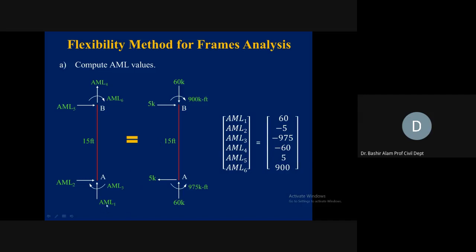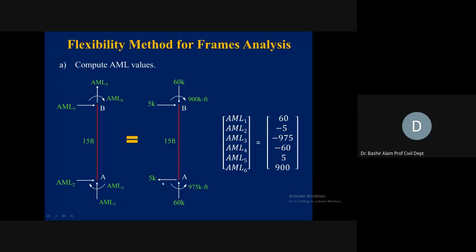Now here if you see AML1 again corresponding to the AM1 value, this is to the AM2, this is to the AM3, our positive directions. Now you match this to this one. AML1, upward is positive, 60 is upward, so we write this positive.